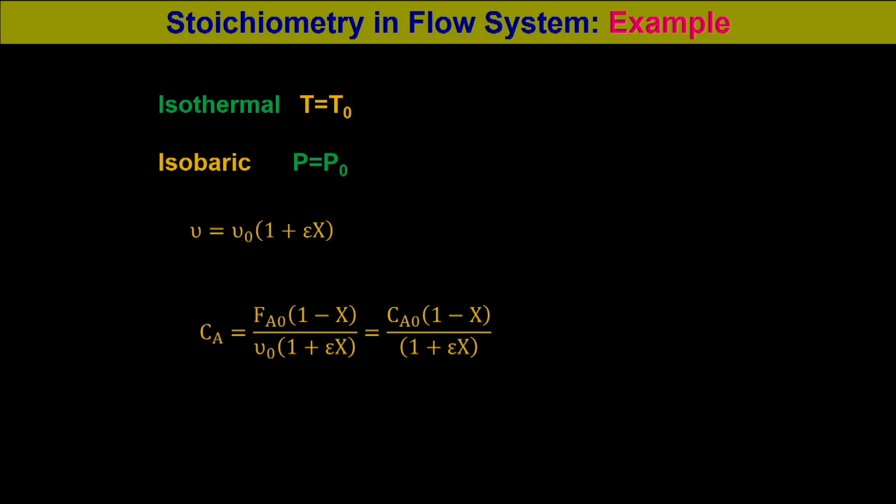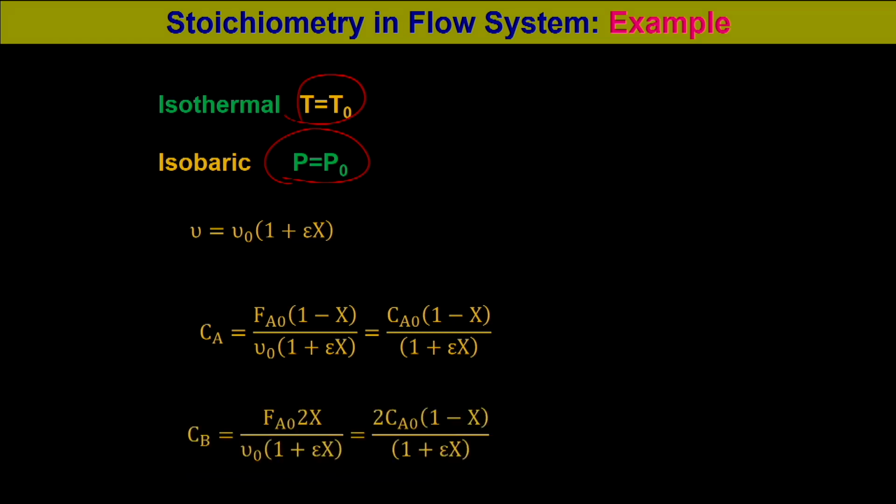Since this is an isobaric and isothermal system, the ratios of temperature and pressure are unity, so they cancel out. So, we will have Ca equal to Ca naught into (1 minus x) divided by (1 plus epsilon x). We know the initial concentration, which is given, and epsilon we can also calculate. So, we will get the relations between concentration and conversion.